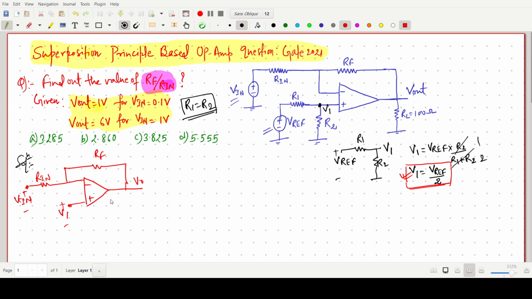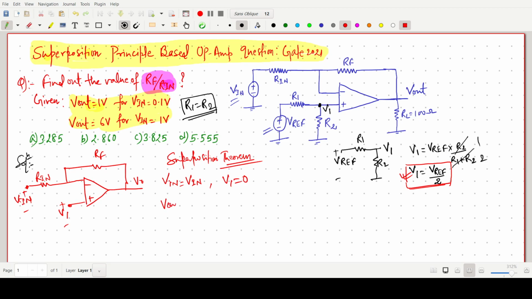So if we go for the superposition theorem, first we take the input due to V in, keeping V1 at 0, so we make this one grounded. This circuit is simply our simple inverting amplifier.